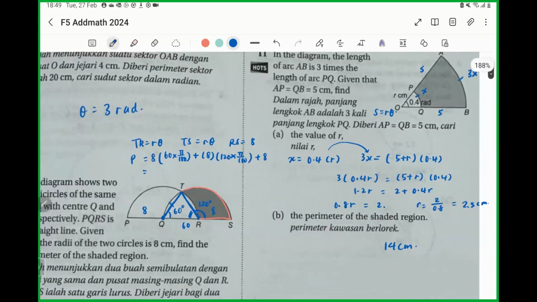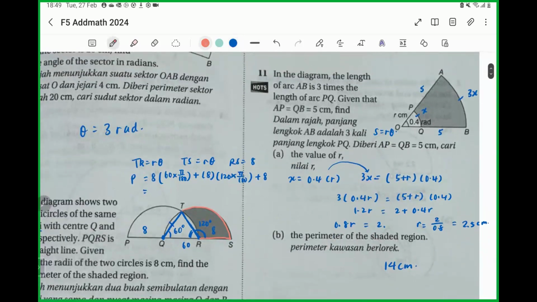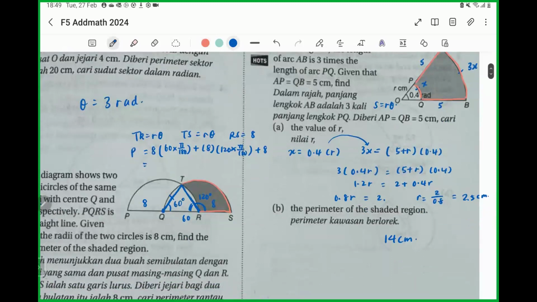Then the next one, perimeter of the shaded region. Since you get the r already, you should be able to find the perimeter. Perimeter is this one, plus this one, plus this one, plus this one. You want to find the x first. So you have x equals to 0.4 r. r is 2.5, according to part a.